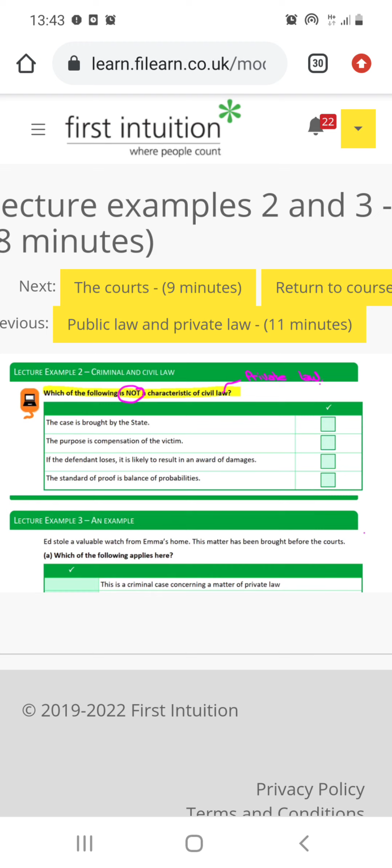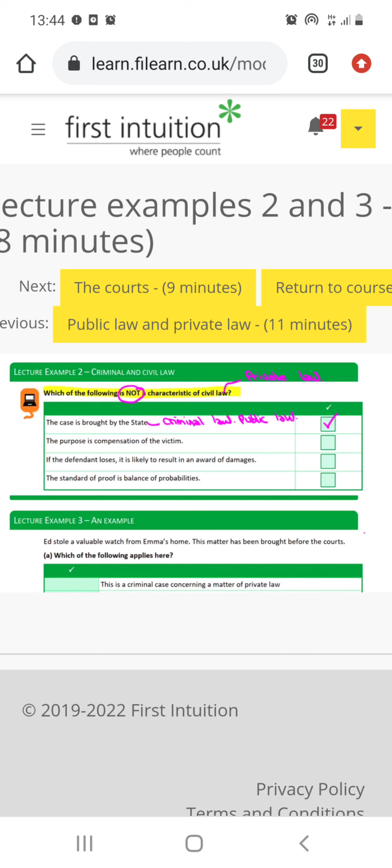Okay, so the first one here, the case is brought by the state. And this one is actually our correct answer, the first one we're looking at. This is criminal law, public law. It's regarding the conduct of something that the state wants to control.